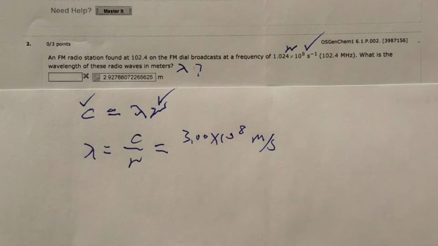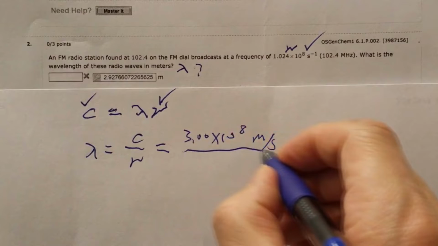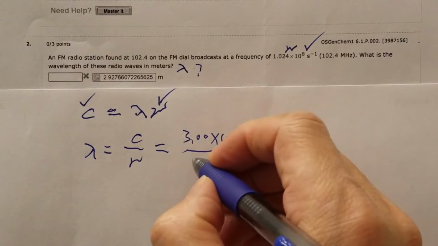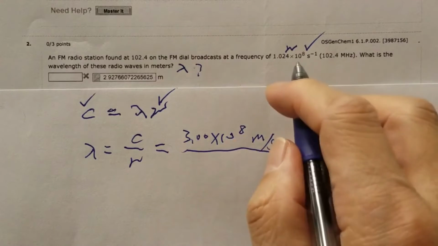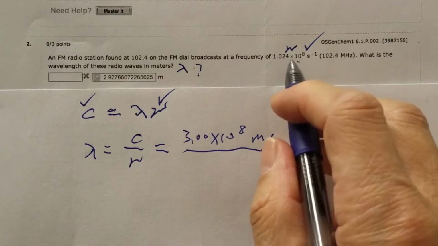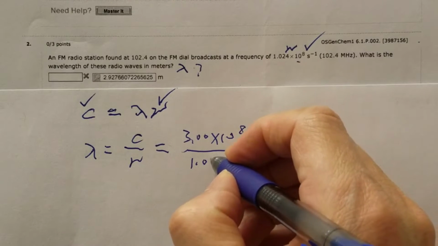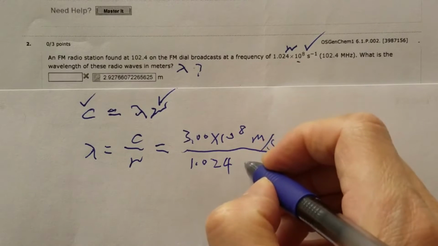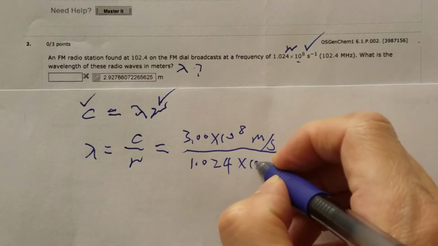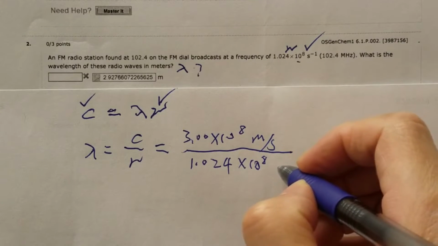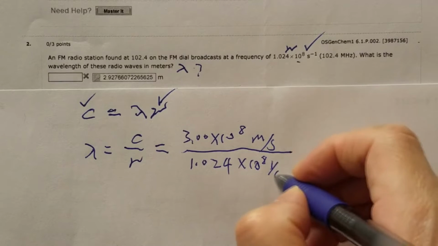On the bottom, the frequency is 1.024 times 10 to the 8th, and that's 1 over second.